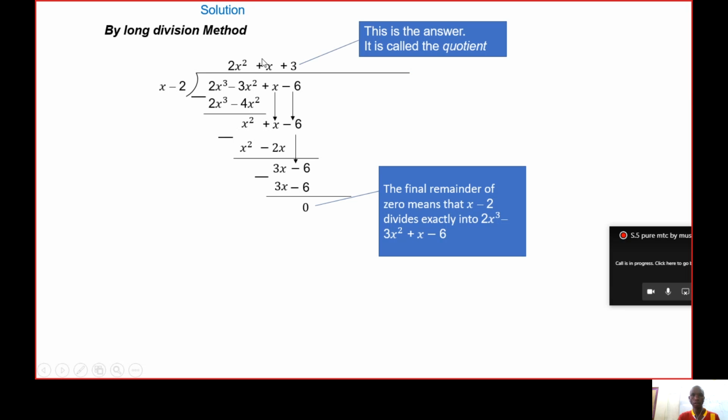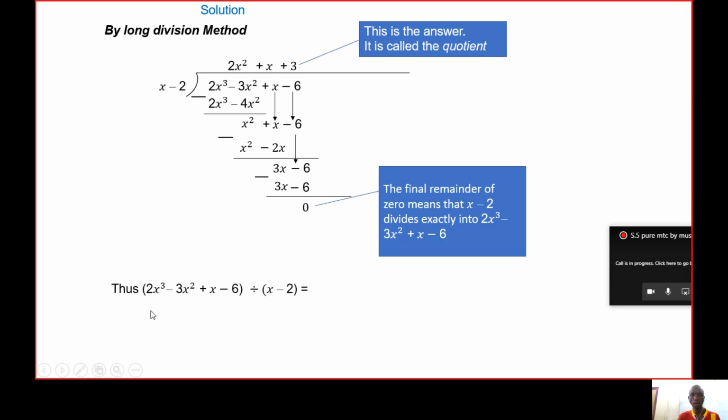Then another thing: after dividing, what we get up here is the answer, and in pure mathematics, we call it the quotient.